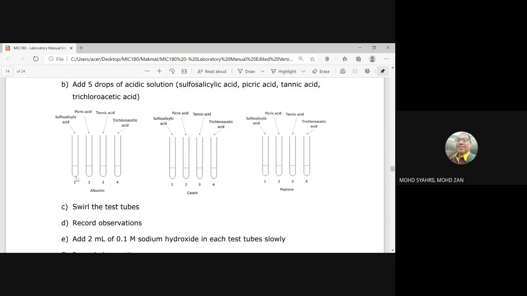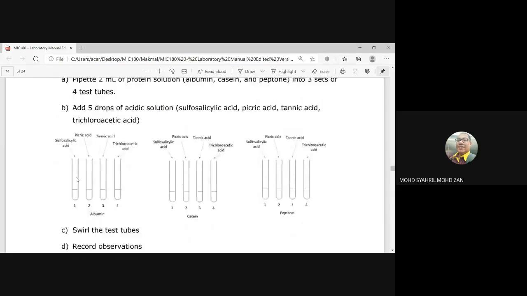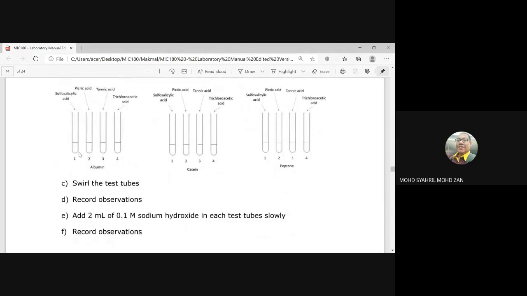So in each of the test tubes you have to put 2 ml of albumin. Then in each test tube you put a different acid solution. So tube number 1 will be only sulfosalicylic acid. Tube number 2 picric. Tube number 3 tannic.